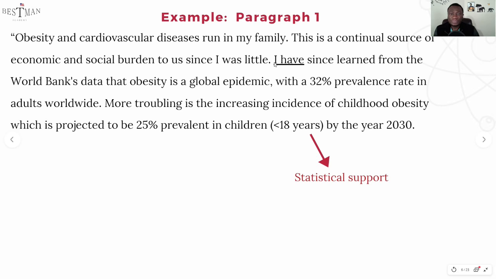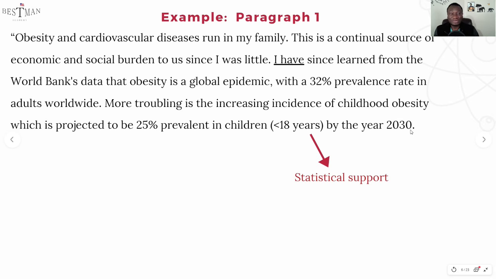So let's continue. I have since learned from the World Bank's data that obesity is a global epidemic with a 32% prevalence rate in adults worldwide. More troubling is the increasing incidence of childhood obesity, which is projected to be 25% prevalent in children by the year 2030.